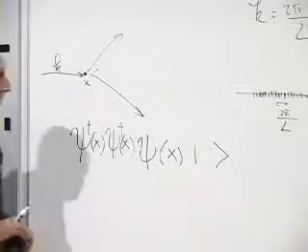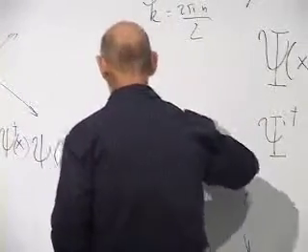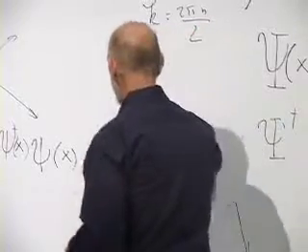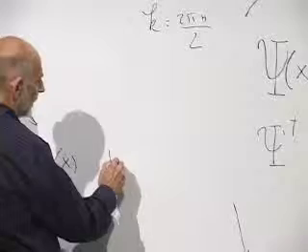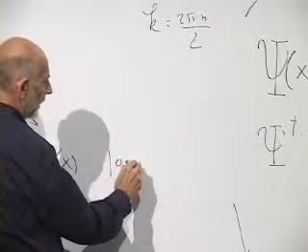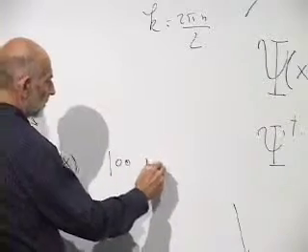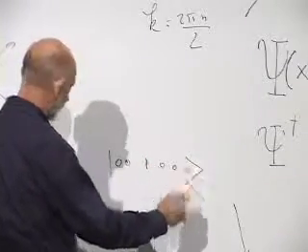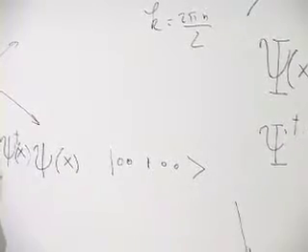What we have to do is very simple, in fact. We first have to say there's a particle with momentum k here. That means 0, 0, 0, and in the kth slot there's one particle. That's the first step. Write down the initial state.